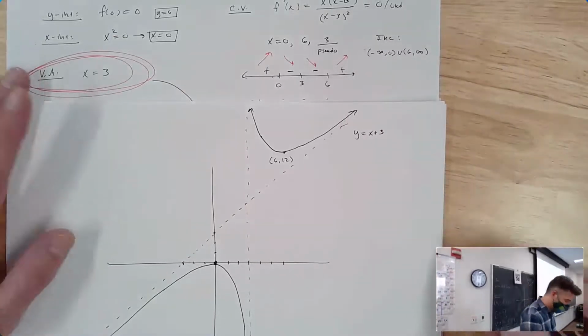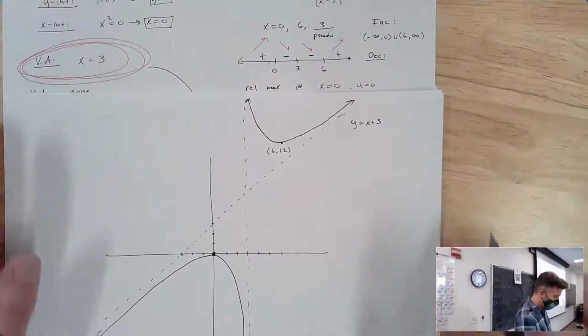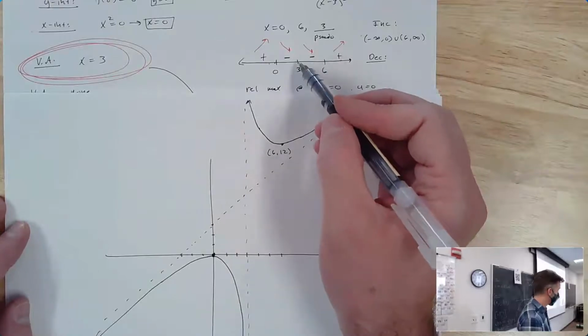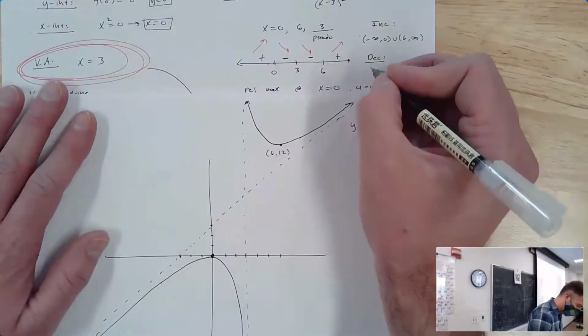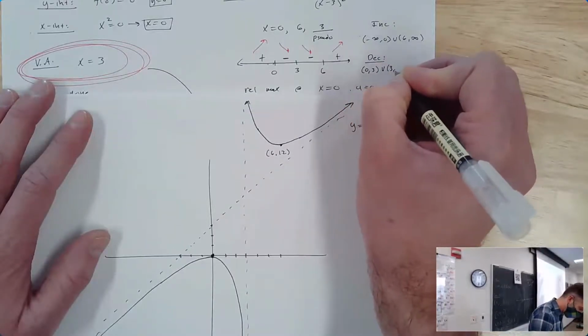And it's decreasing on the interval. Now, it's not the interval from 0 to 6, because you can't include 3 because the function is undefined at 3. So the interval it's decreasing on is 0 to 3, union 3 to 6.